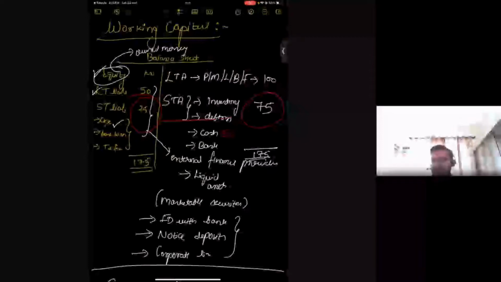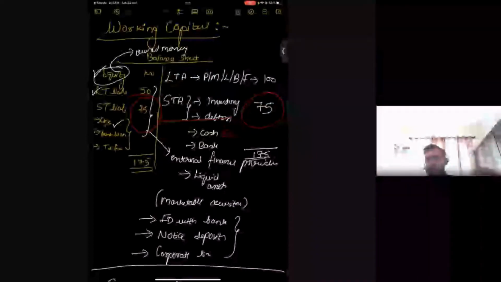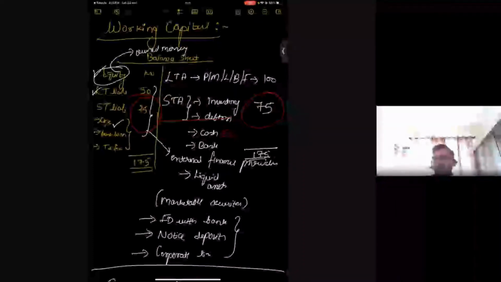And then I have certain assets over here, which are inventory, debtors, cash, bank, liquid finance, which I can convert into cash at any point of time. So essentially I'm looking at how many assets I have which can be converted into cash quickly. Logically, inventory can be converted into cash very quickly. The moment I sell it, it becomes cash. Debtors can be converted into cash quickly because they are people who owe me money.